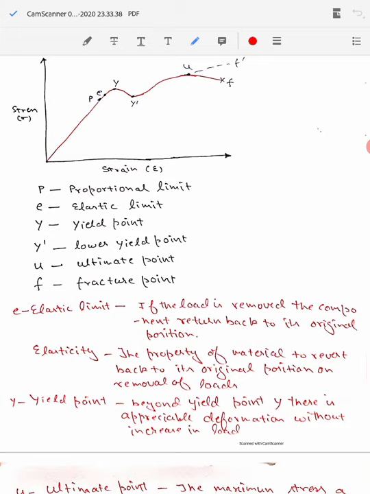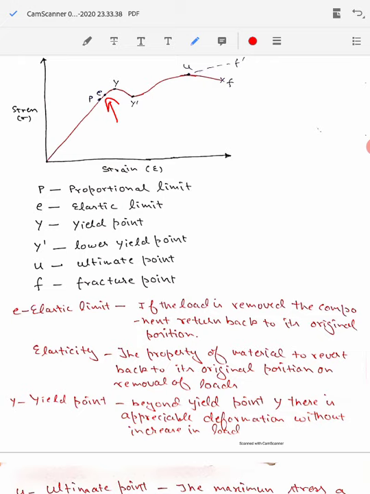Beyond the point E, if we apply more load, then the component will not be able to return back to its original shape. There will be some residual deformation left in the component. So we are not going to follow the line back to the origin O here. Rather, we will follow a line which will be parallel to it.